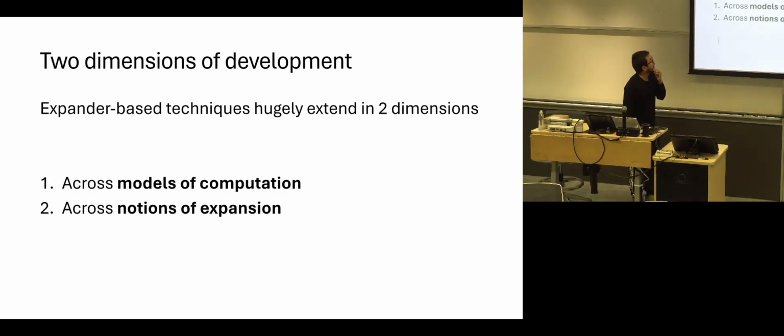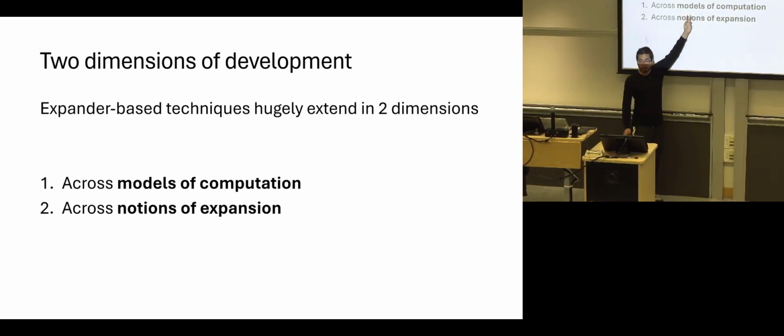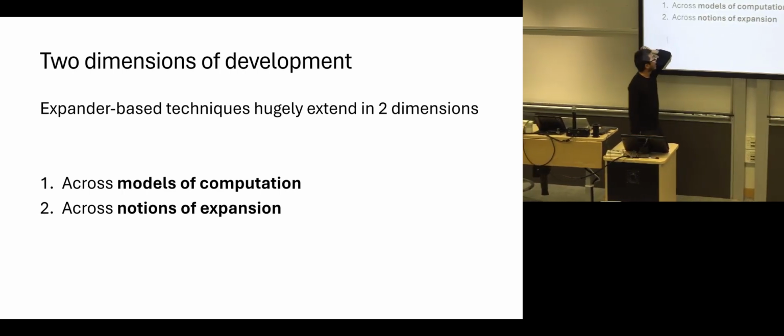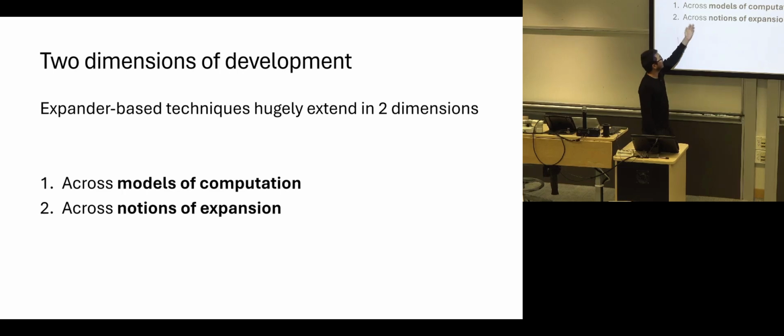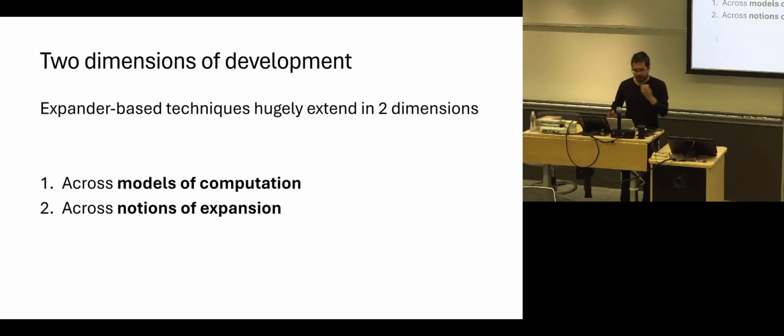One is that it now has impact across many models of computation. Another is that it has been extended to other notions of expansion. So I'll tell you roughly about both.